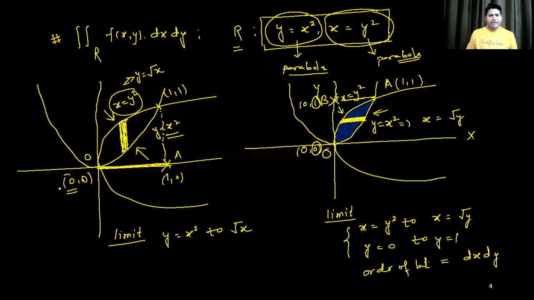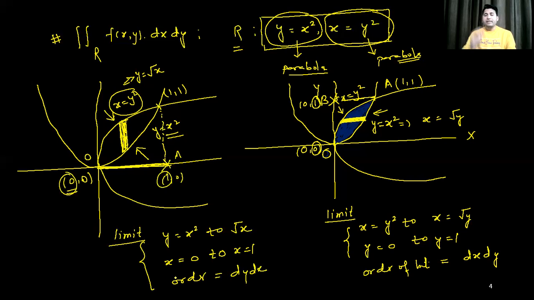That is, the limit of x will be 0 to 1, x equal to 0 to x equal to 1. Moreover, the order of the integral in this case will be dy dx. So this is how, students, we can find the limit of integration from a given region.